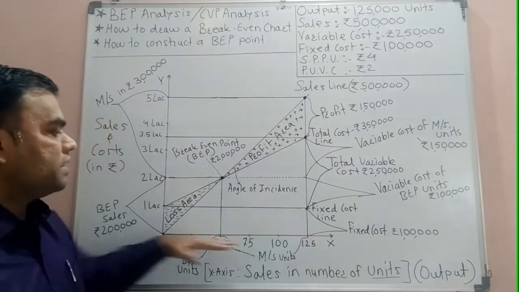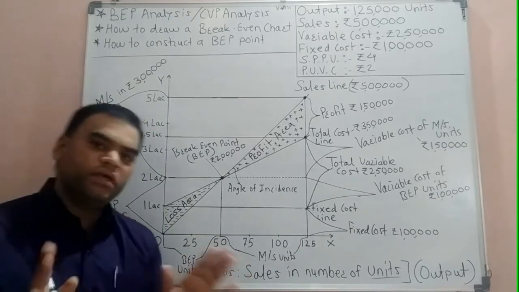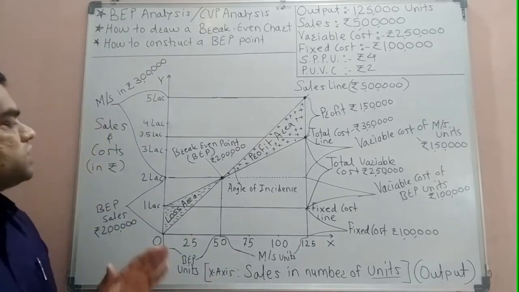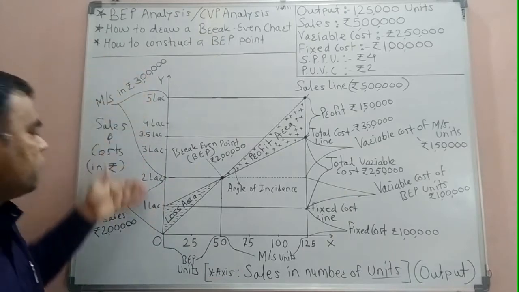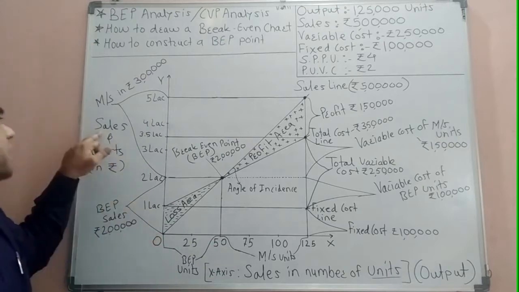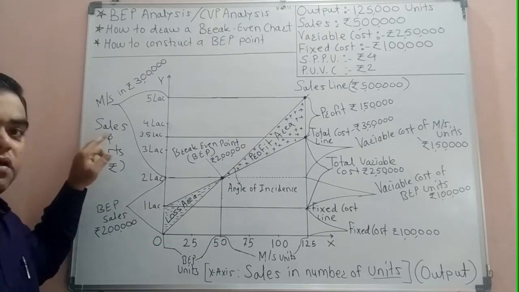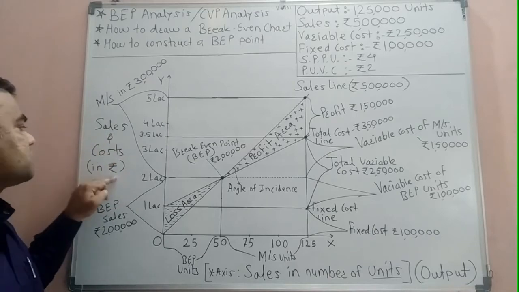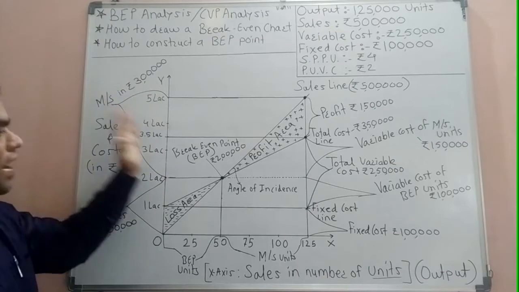Which variables do we show on the y-axis? Sales in rupees and cost in rupees. These two variables we show on the y-axis.